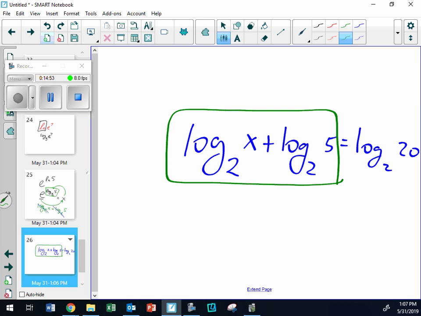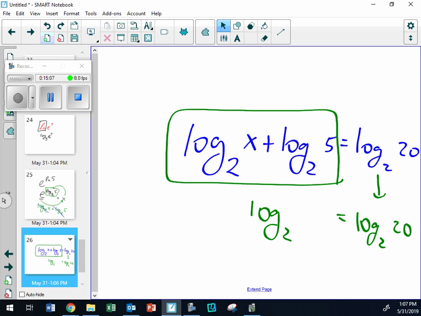If you have completely forgotten this, I will show you in a second. But try to get this to be just 1 log base 2 of something. And I'm just going to copy this down, log base 2 of 20. Then I'll have log base 2's on both sides, and I can cancel them. So that's why I want to get it to just one log.